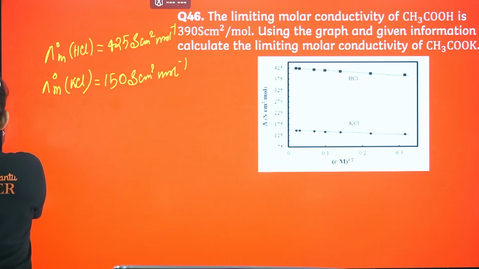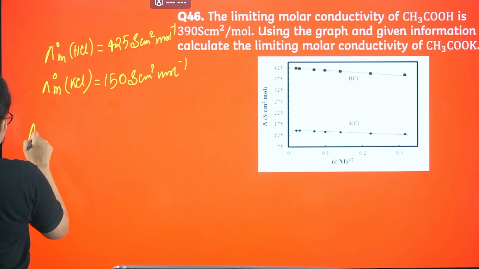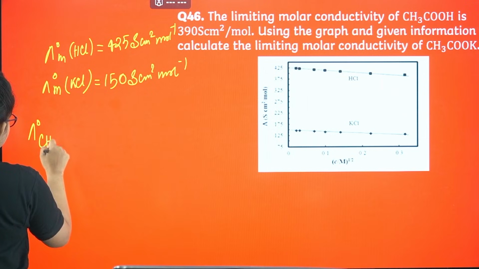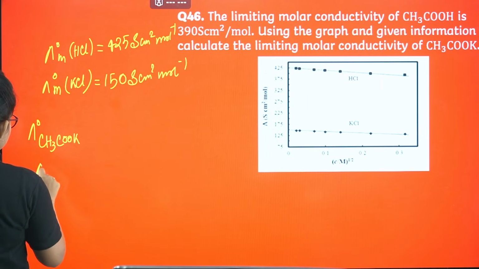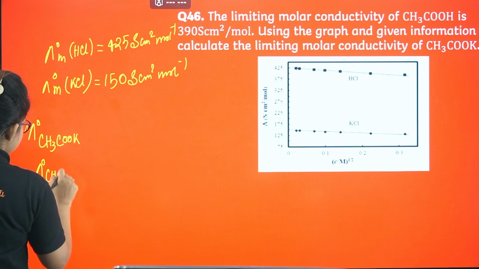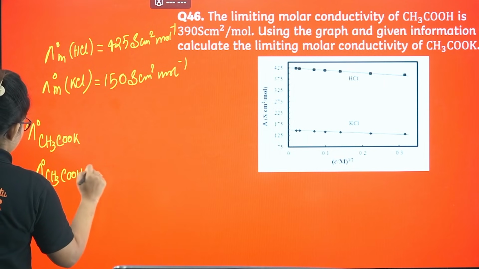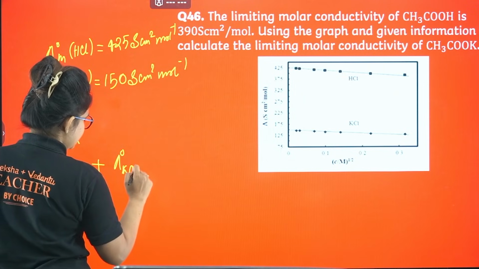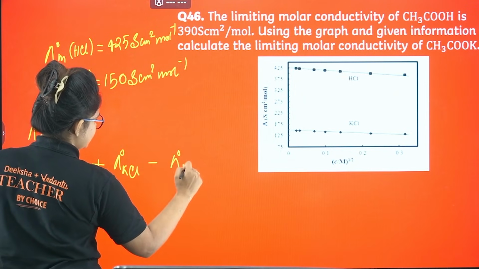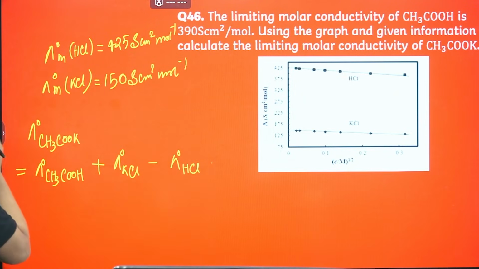So now what I can do, I can directly proceed with the formula, not formula, if I just break down. So lambda 0 of CH3COOK can be written as lambda 0 of CH3COOH plus lambda 0 of KCl minus lambda 0 of HCl, right?